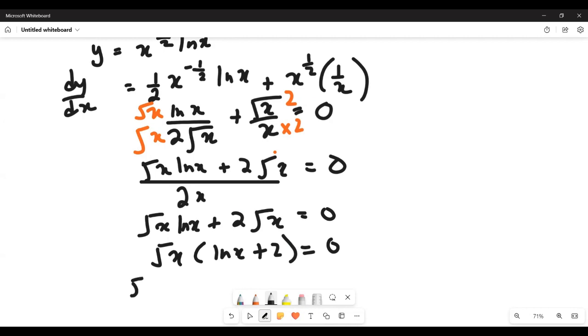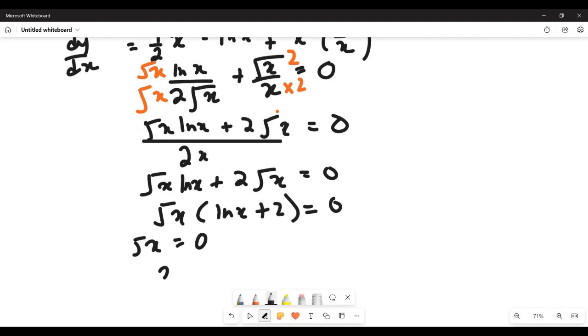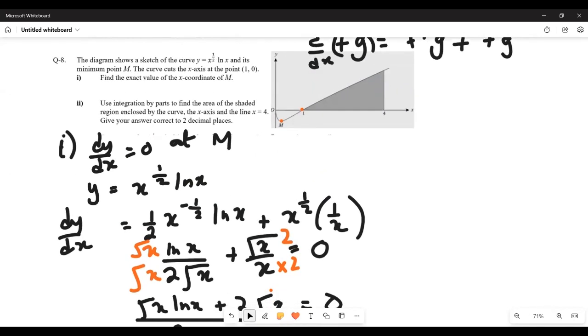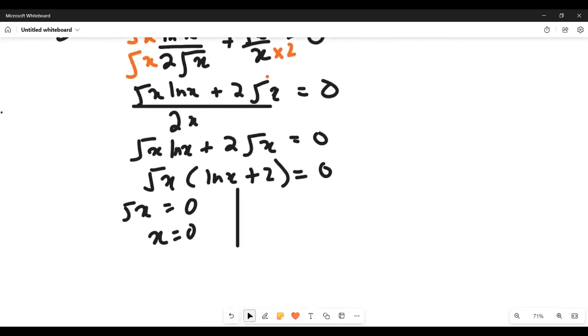So square root of x equals 0 gives x equals 0, which can't be possible because M is not at the origin. So it's not that; take the other bracket, ln x equals minus 2.